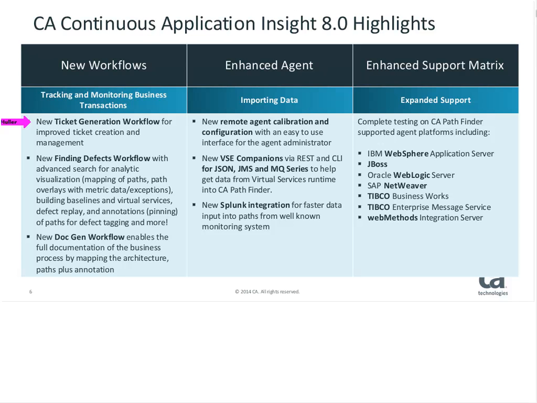We also put in some new VSE companions. What we find is people really are using virtual services to shield themselves from, say, third-party systems or parallel development. And the first thing customers ask is, well, if I'm not testing against that real system in DevTest, how do I know they didn't change something and I get into system integration tests and everything blows up?